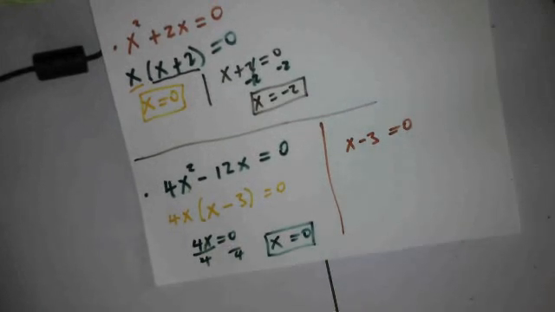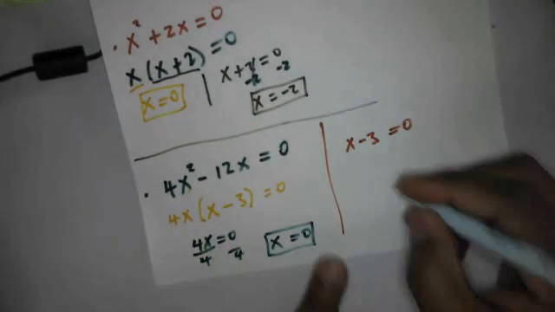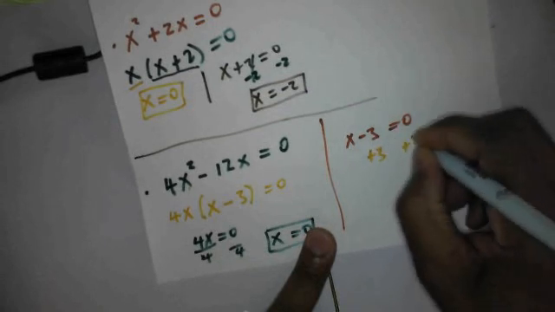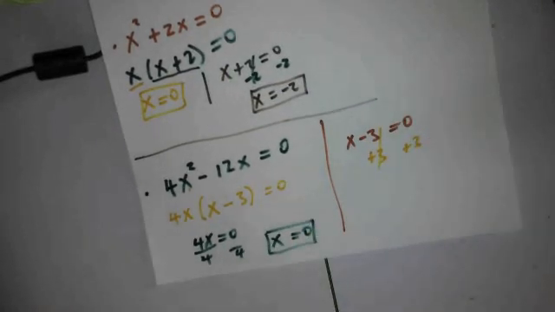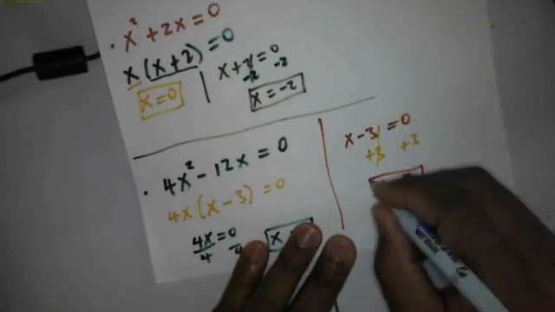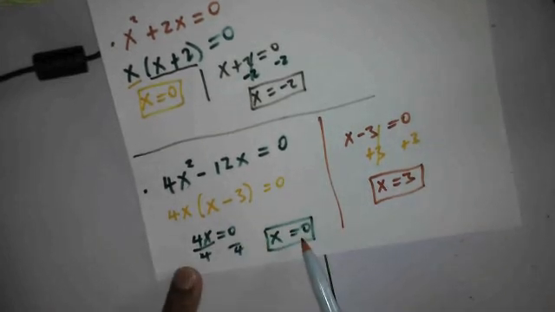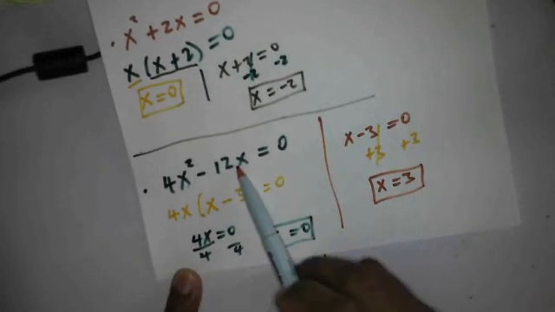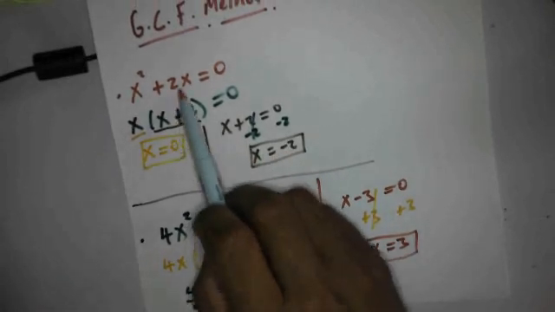So in solving that, you will add 3 to both sides. That part cancels, and so x equals 3. And this is your other solution. So these are your two solutions for this question.